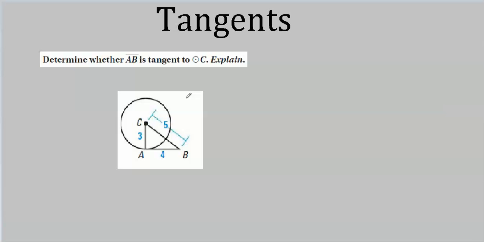It goes both ways. I don't think I said that when I showed you the theorem and showed why it was true. The radius is definitely perpendicular to the tangent. Conversely, if you find a line which touches the circle at one point and is perpendicular to the radius, it is definitely a tangent.